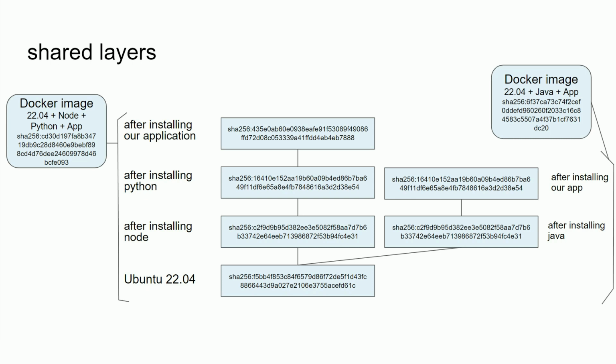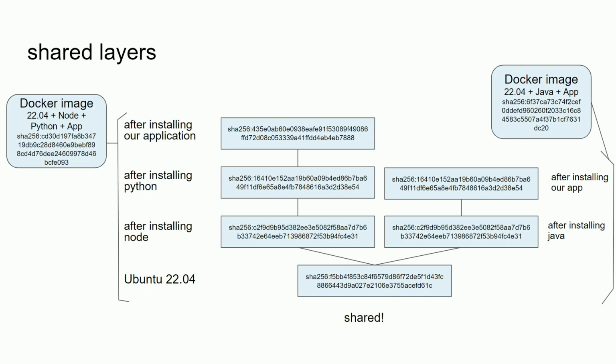Now, because we've broken our image up into layers this way, we can take advantage of the fact that both images share the same bottom layer. So if, for example, a machine needed to have both images, it would only need to download the bottom layer once and cache it for use by both images.